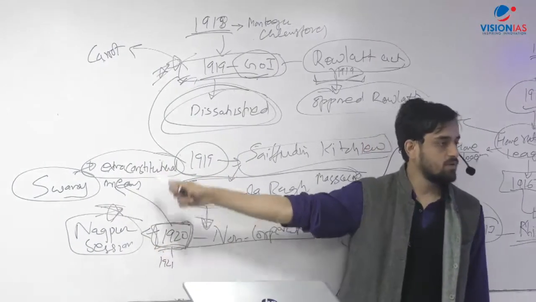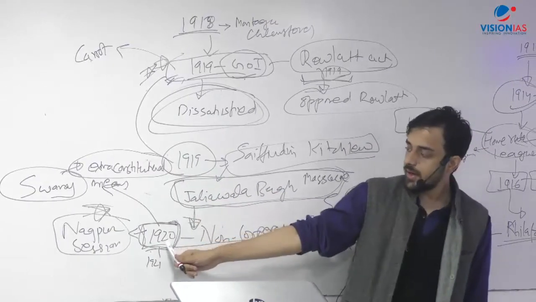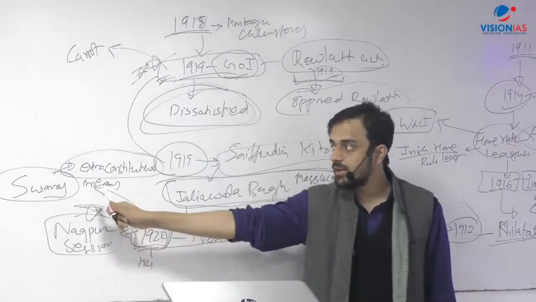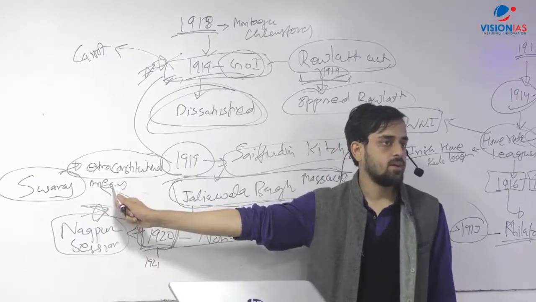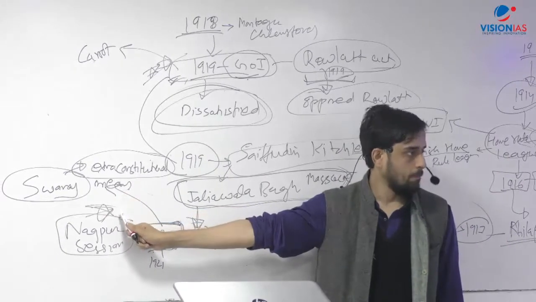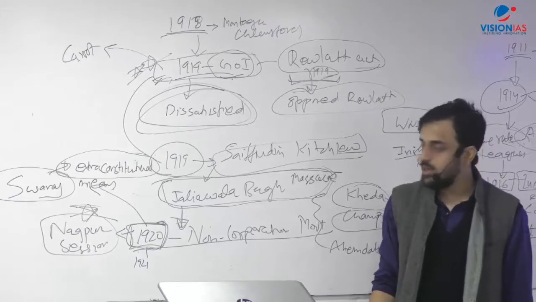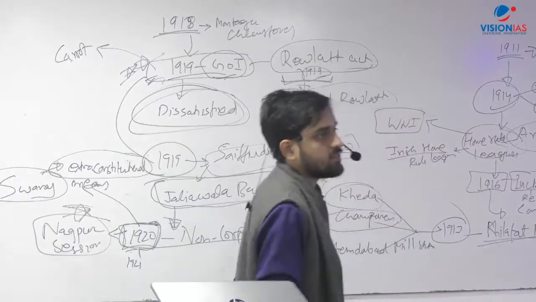Okay, just write down these four words. 1920, non-cooperation movement, Nagpur session, call for Swaraj to be attained by extra constitutional means. Okay. C.R. Das, the name is not that important, but yes, C.R. Das headed the session. Okay.